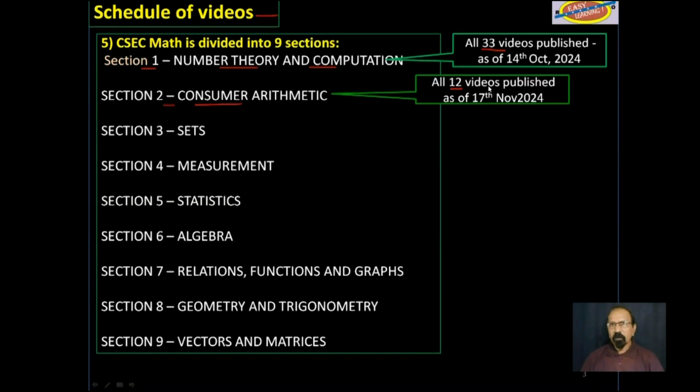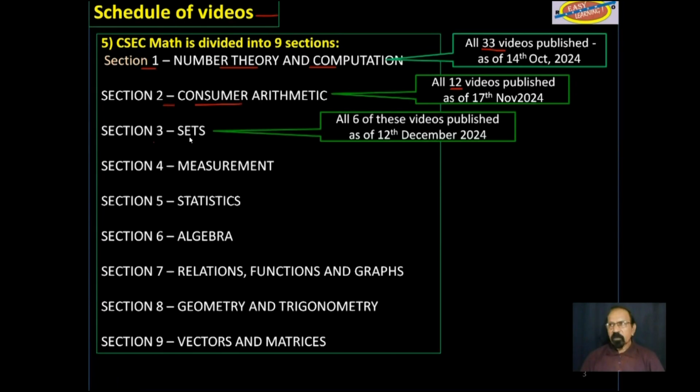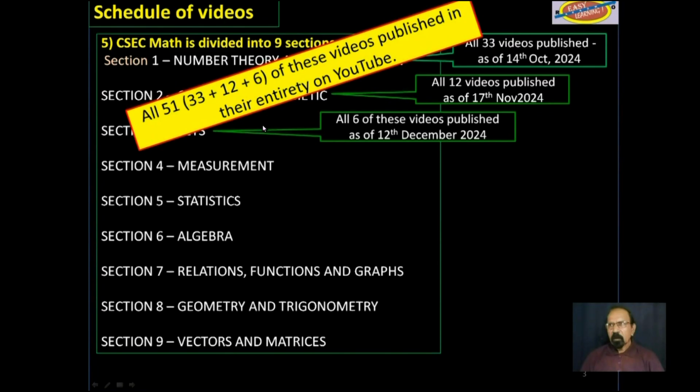All 12 of those videos have been published on YouTube in their entirety. Section 3, Sets. All 6 of these videos have been published on YouTube in their entirety. So that's a total of 51 from sections 1, 2, and 3. Please make good use of these.